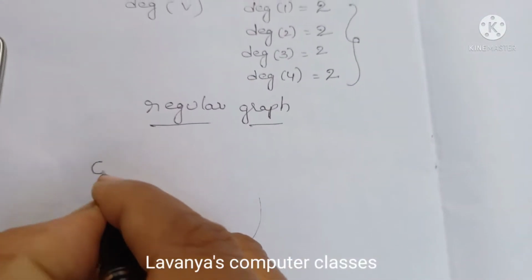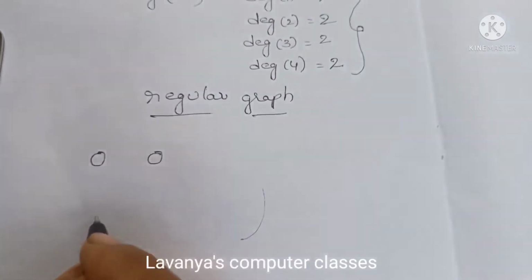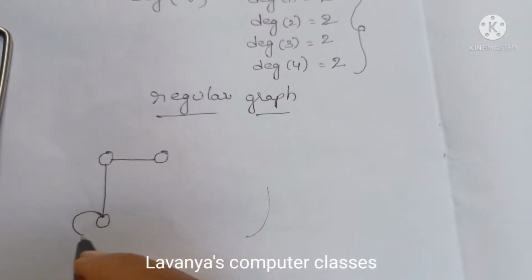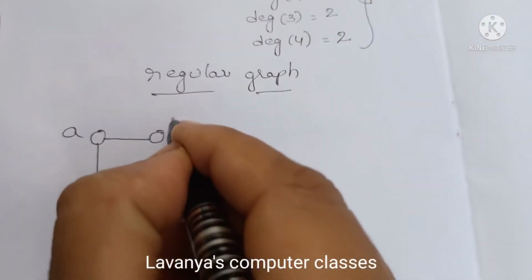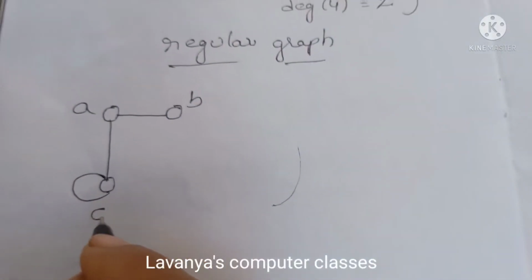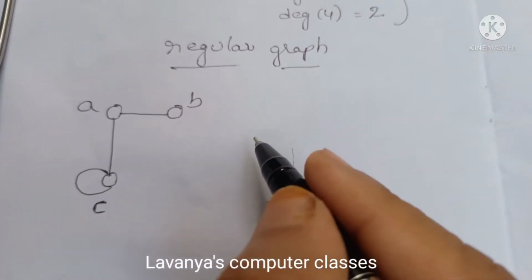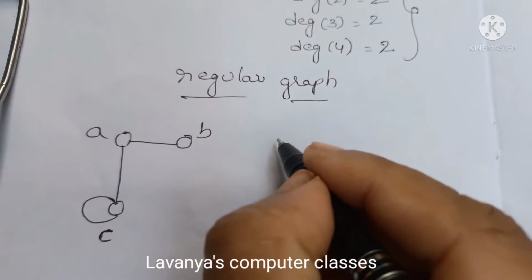For example, here is a graph with vertices A, B, and C. Now, I want to find out the degree of this graph. How many vertices are there?